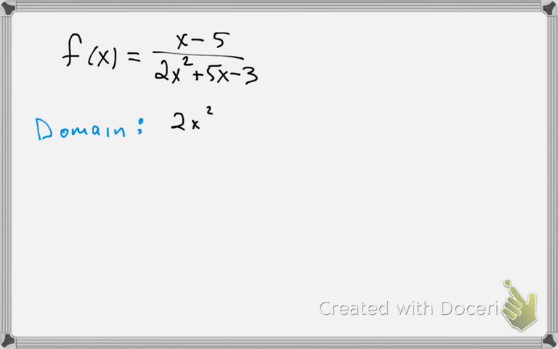So 2x squared plus 5x minus 3 cannot be 0. How do we solve this one? Yeah, factoring is the method we just learned last time, right? So it's a trinomial, GCF is 1. It's not a perfect square trinomial, so trial and error, right? 2x and x, and what do you want to do?